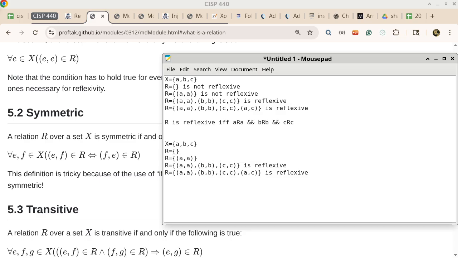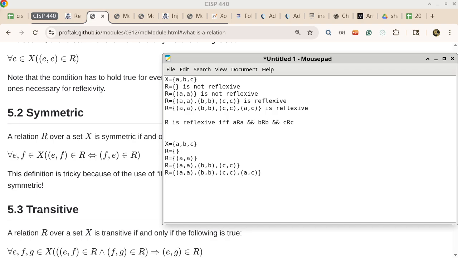So we get rid of all the reflexive conclusions and replace them, and then we have to figure out whether each one is symmetric or not. We'll start with the empty set. Is that symmetric? It is symmetric. How do we figure out whether it is symmetric or not?